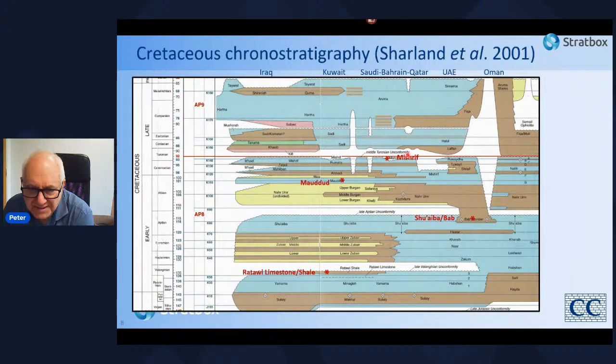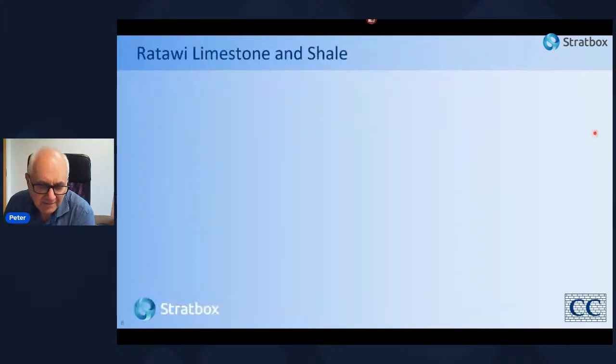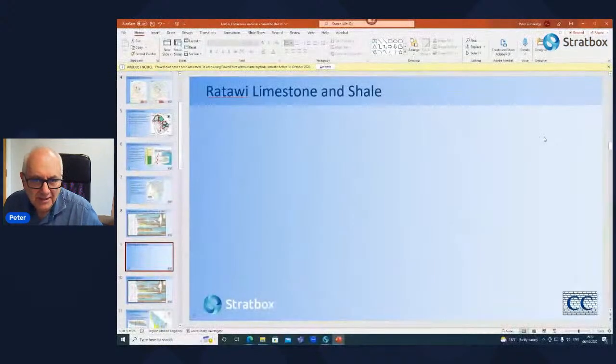And I want to focus in on this large unconformity, the top Mishrif unconformity. And then I'm going to finish off the webinar by discussing briefly the later AP9 supersequence of the Cretaceous. Okay, so that's my cue to change to Stratbox.